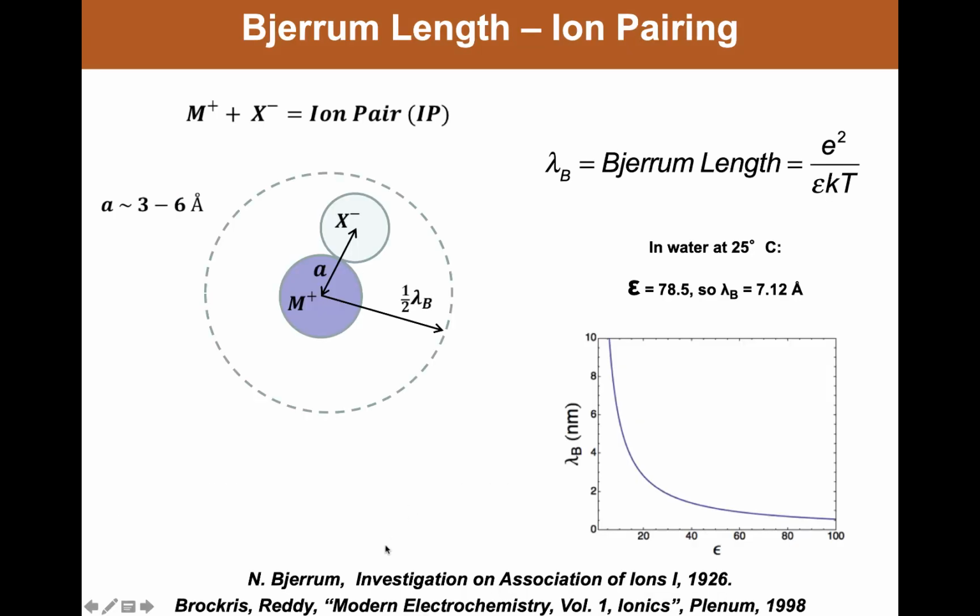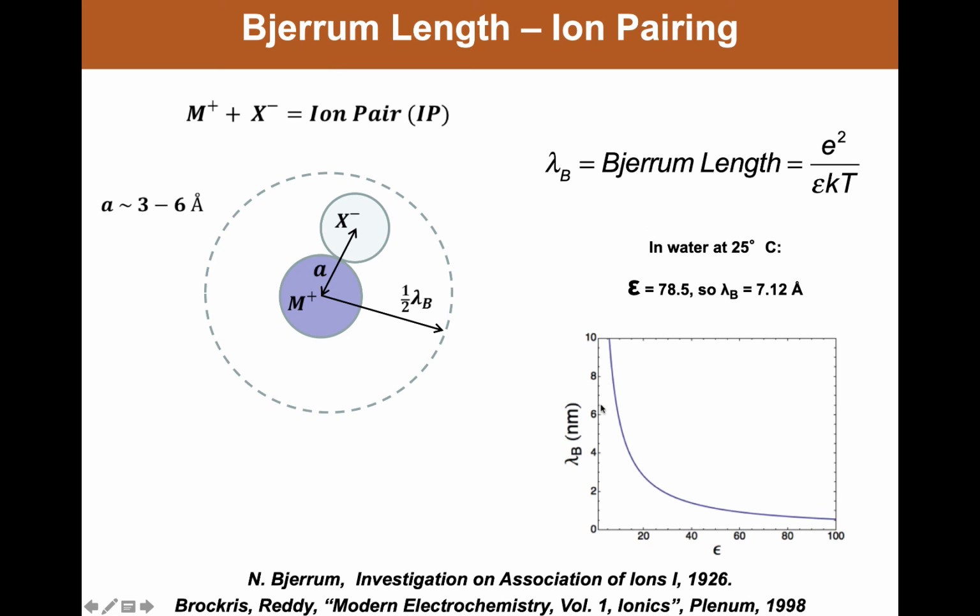Now, imagine this picture that I've just described to you, that if you had a cation sitting in solution, and there were anions around it, that if those anions got within a distance of the Bjerrum length, they would not be able to diffuse away.